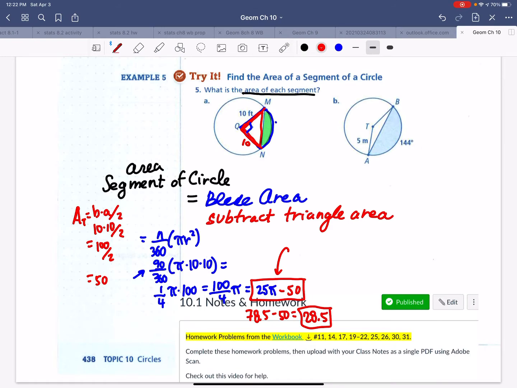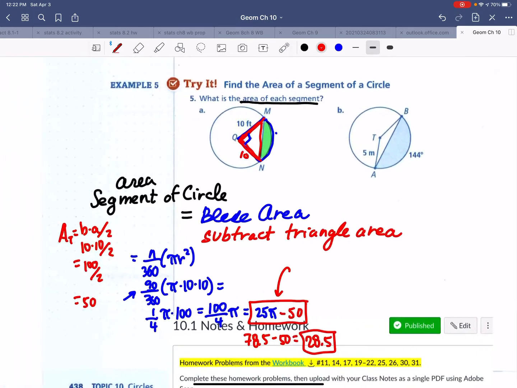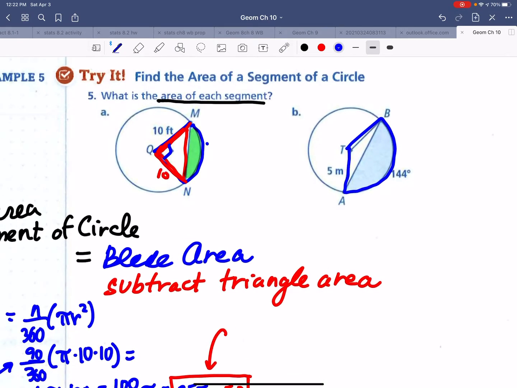All right, now let's do B. Now this one's a little bit more complicated. It's not just a quarter of my circle. So if I look at the blue part, that's 144 over 360 times pi times 5 times 5, pi r squared. 144 divided by 360 is a decimal, 0.4. 5 times 5 is 25.